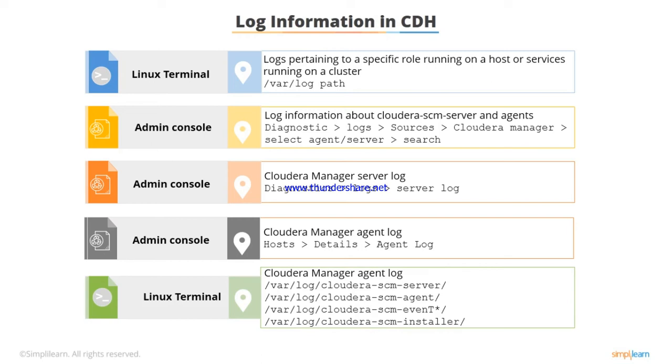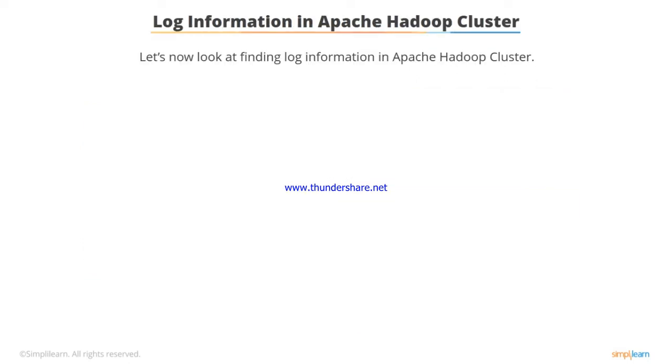To view log information from the terminal, type the paths at the terminal as shown on the screen. Information about Cloudera SCM server, Cloudera SCM agent, Cloudera SCM event, and Cloudera SCM installer can be found in these locations.